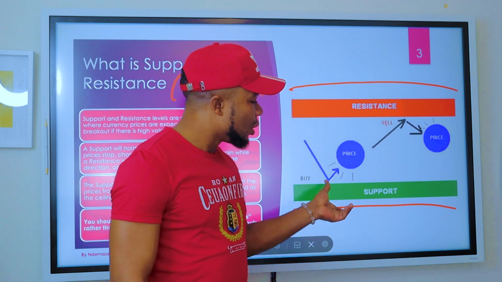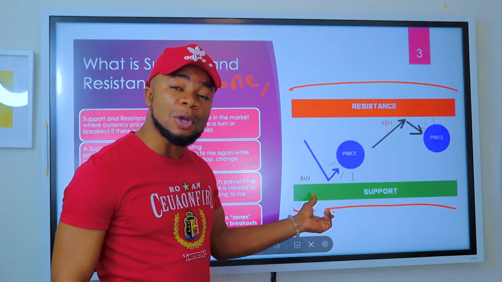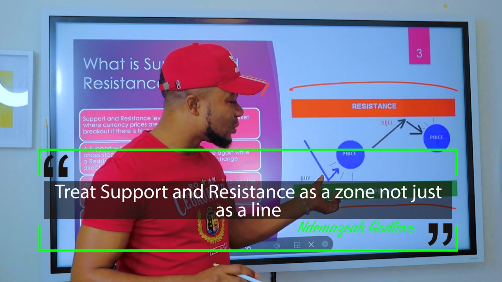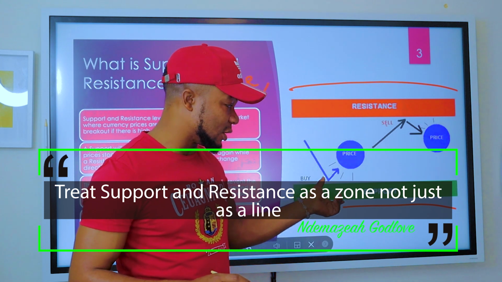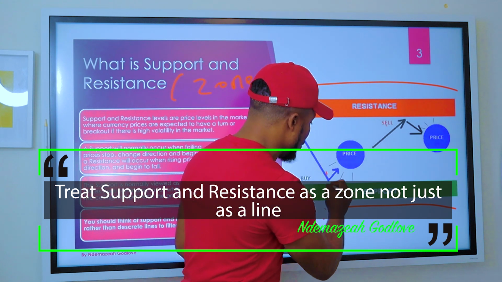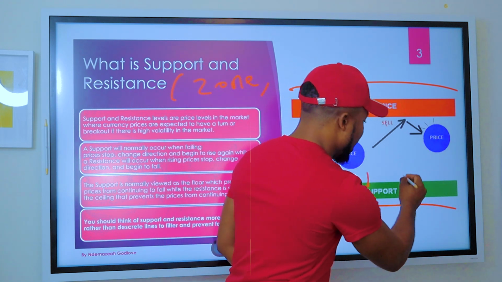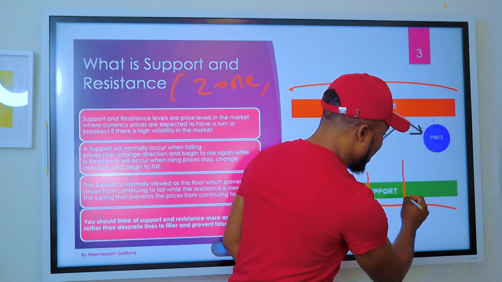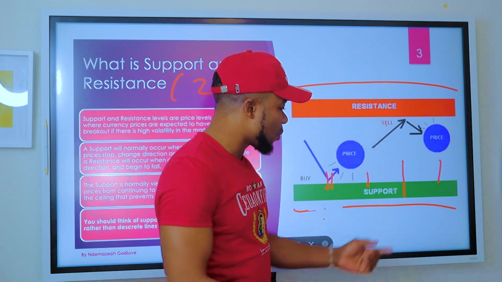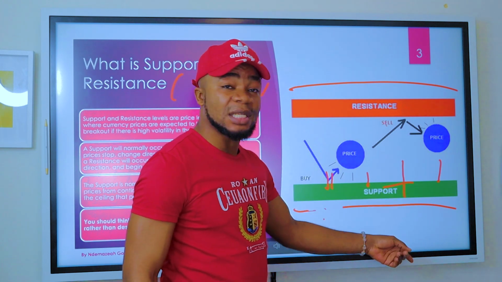So that's why I'm explaining that you should treat support and resistance as a zone, not as a line. Because even if the price comes here, a candle came and ended somewhere here, another candle ended here, then another candle even went right down here, you won't just say, since this one broke through this particular point, it has broken through that line.